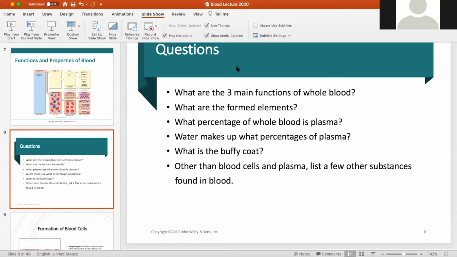All right. And we just have one more here. Right. So the buffy coat in centrifuged blood is made of leukocytes and what else?